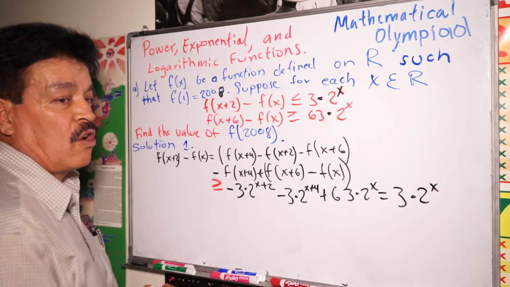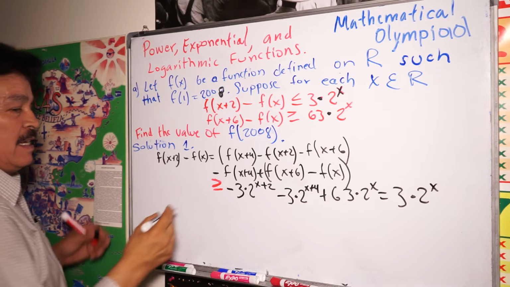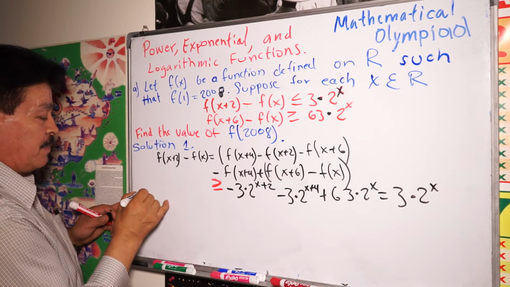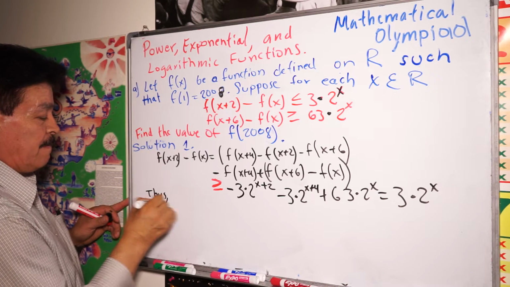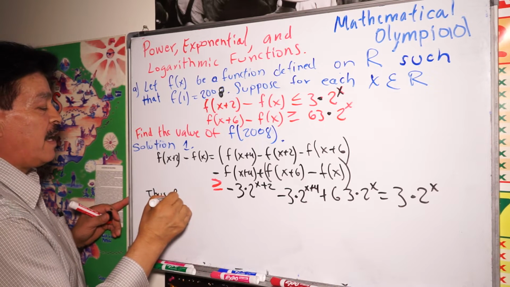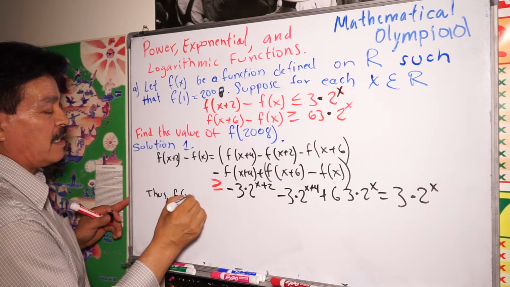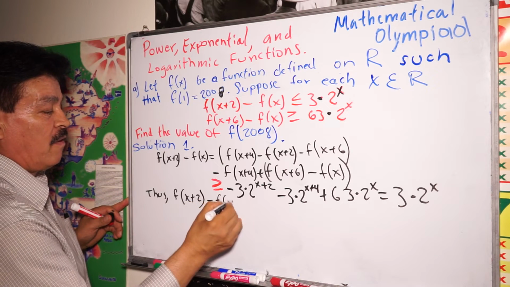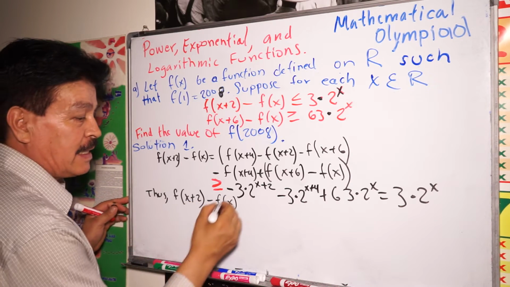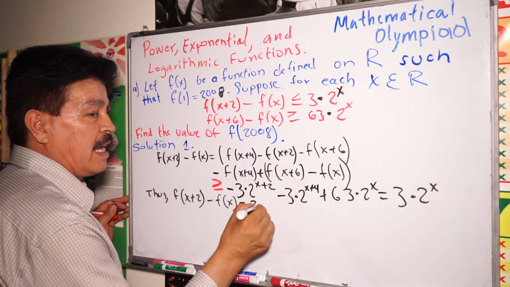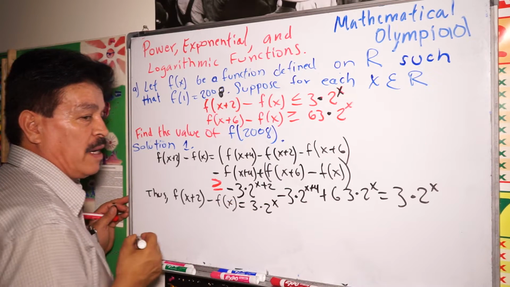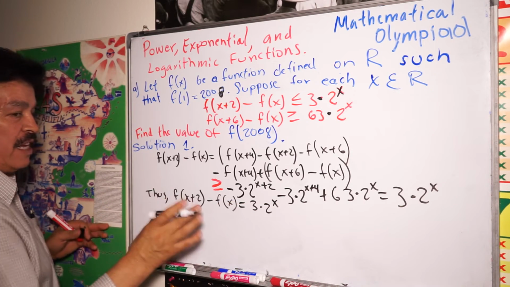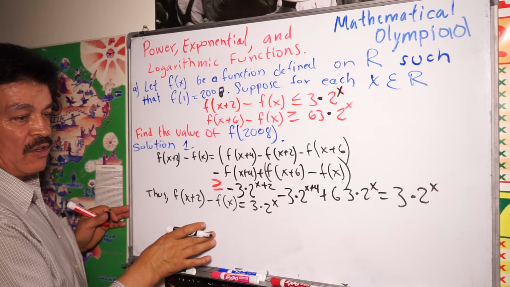Combine both. Next step, thus f(x+2) minus f(x) equals 3 times 2 to the x power. So therefore, we are almost done.